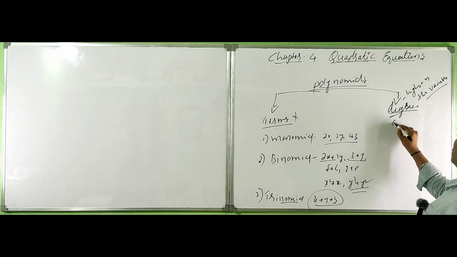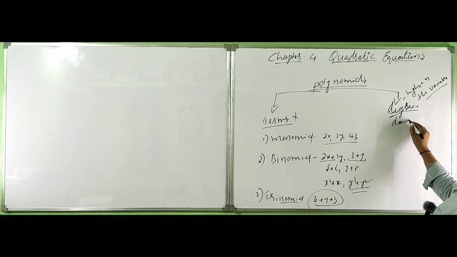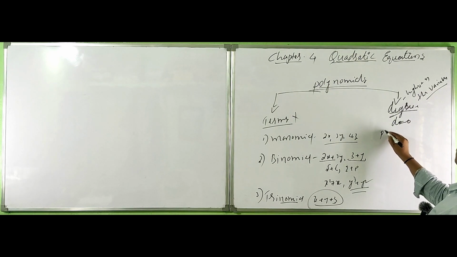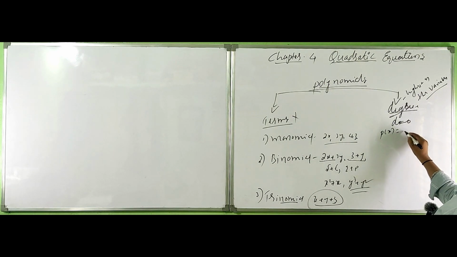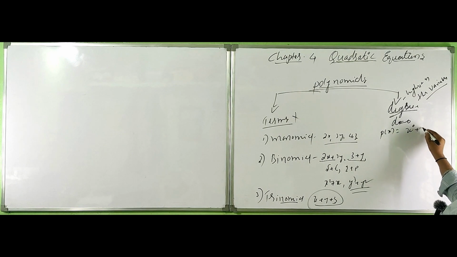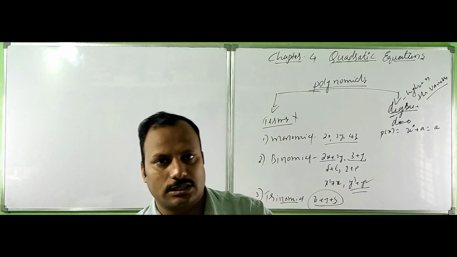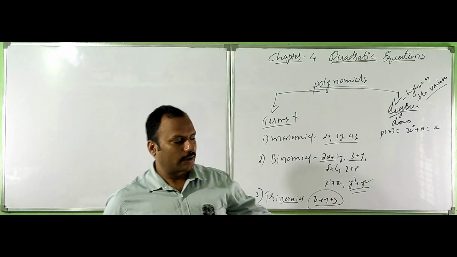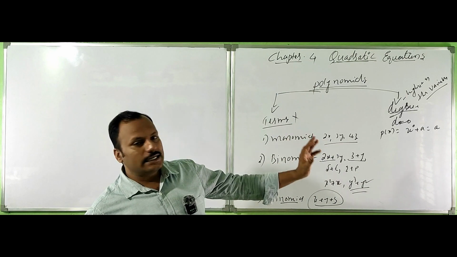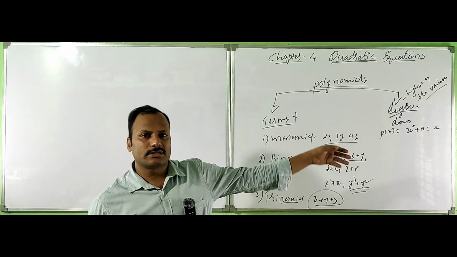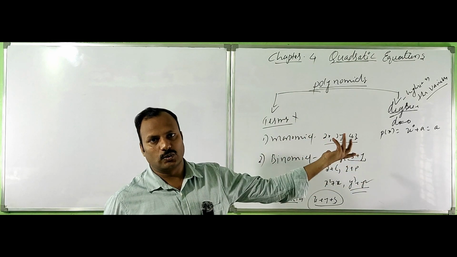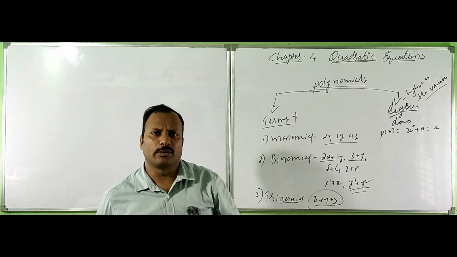If degree is 0, then the equation p of x becomes a times x to the power 0, so it becomes a constant. Constant polynomial, constant function, whatever it may be. Degree 0 is called a constant value. Here a can be any real number: root 2, root 3, 1, 2, 3, 4, whatever it may be.